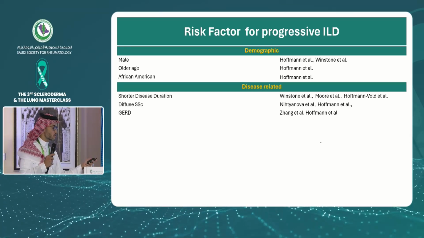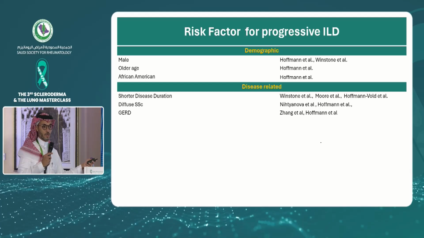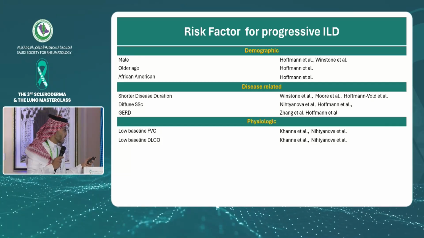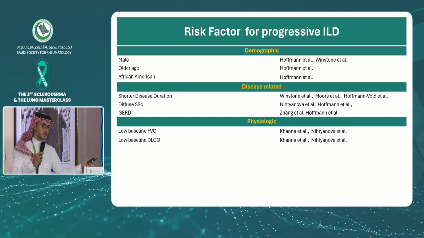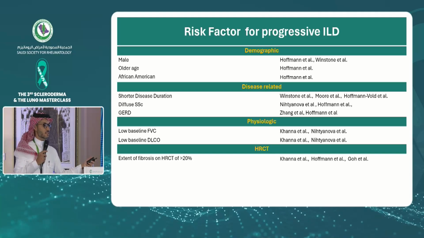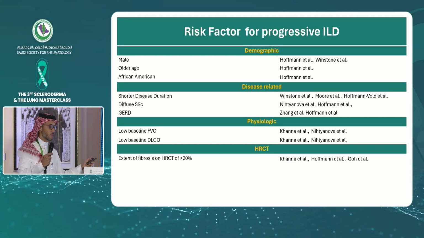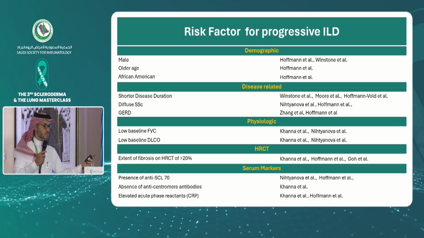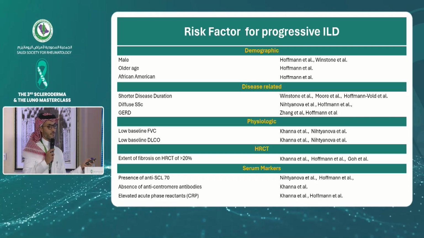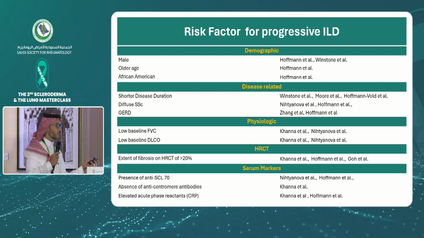As we saw from the previous talk, GERD is important as a complication and is associated with worse disease progression. Then we have physiological factors like low baseline forced vital capacity and low baseline DLCO. And if you have extensive disease on your HRCT, more than 20%, and some serum markers like positive anti-Scl-70, absence of anti-centromere antibodies, or elevated acute phase reactants like CRP.